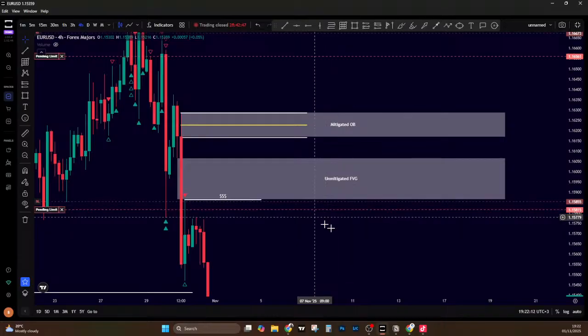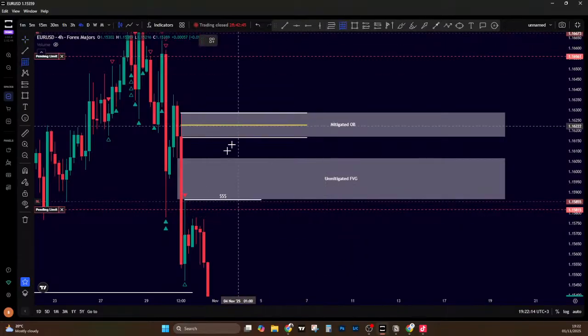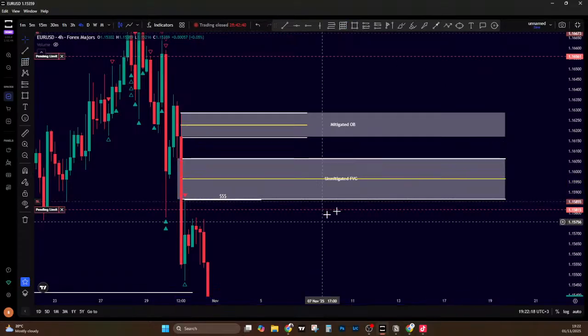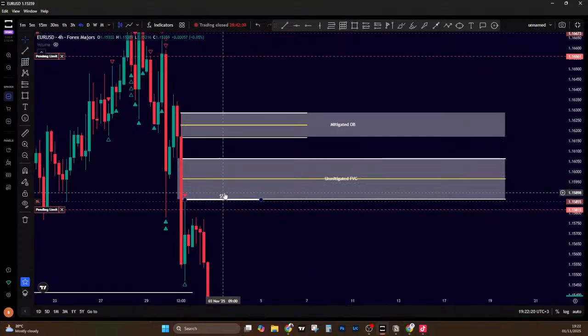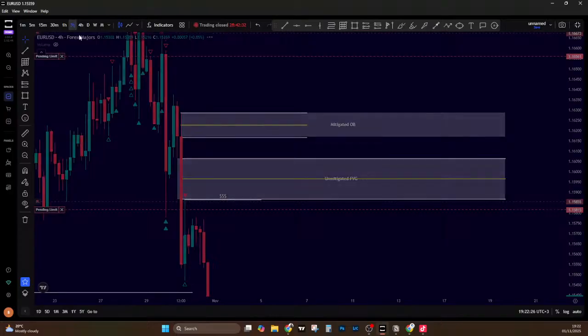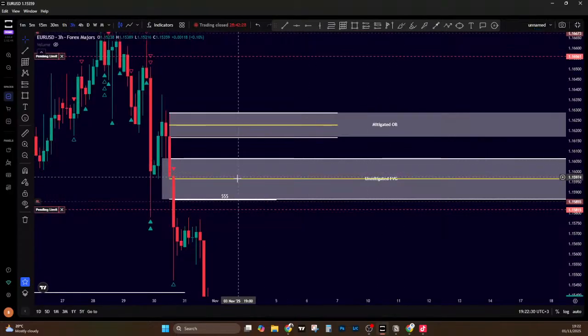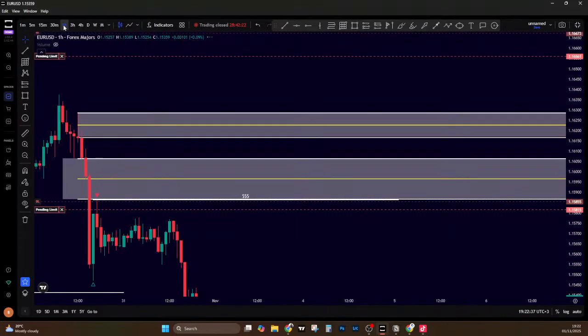Now let me show you what you can do with this. If you divide this with a gann box into two, you will have two order blocks here. You will have an order block at the base and an order block at the 50%. So let's go to 3 hours. Let's see whether we see something. At the 50%, I can see this, but that's still not enough for me.